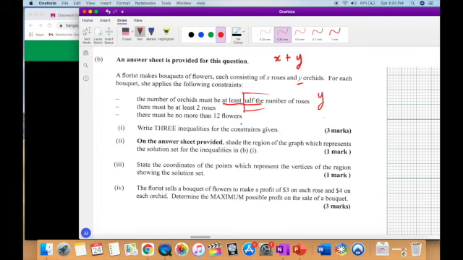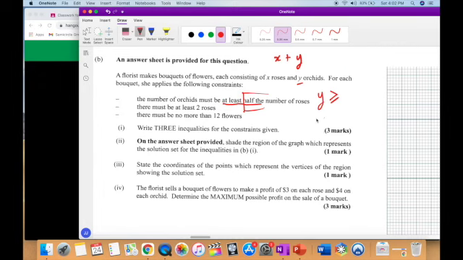You understand? So I want greater than or equal to. If Y is greater than or equal to 2, that means I want at least 2. It can't be less than 2. It has to be greater than 2 or equal to 2.